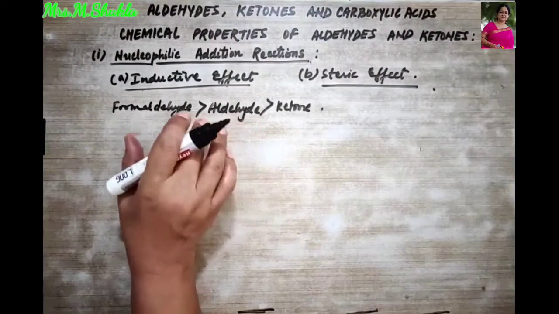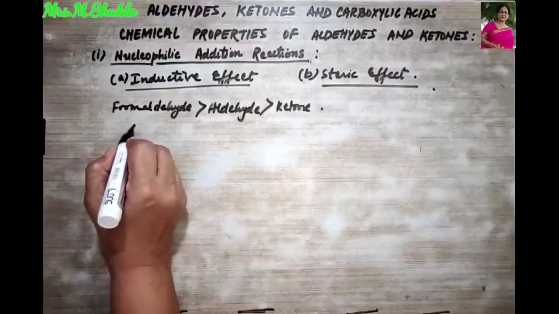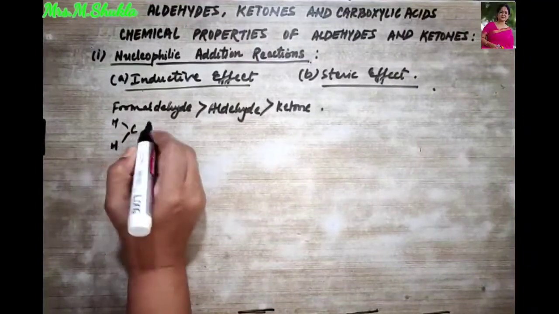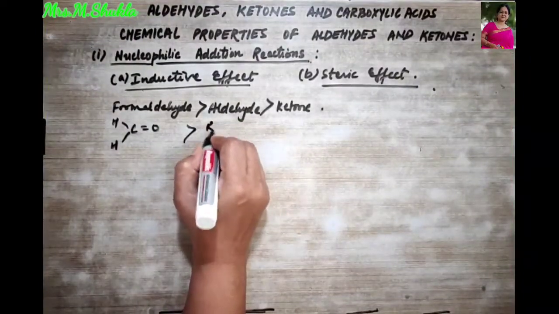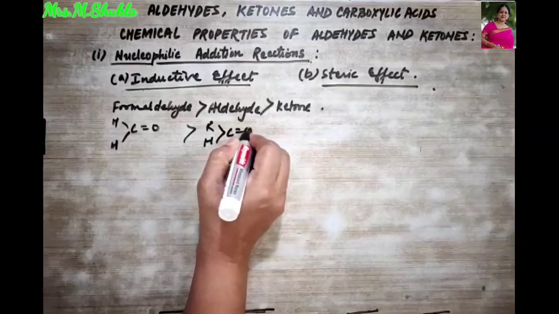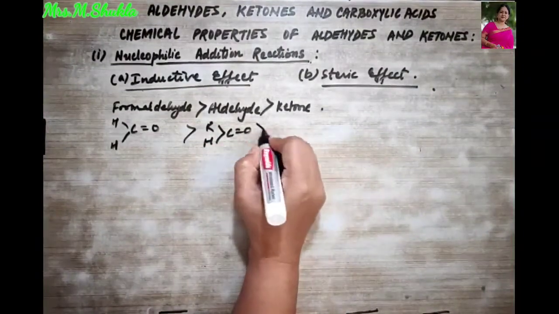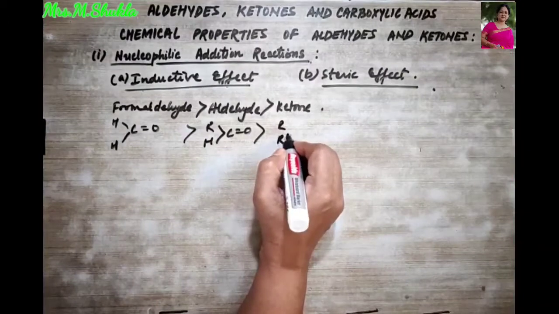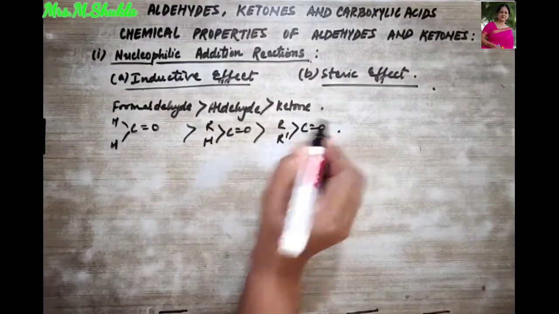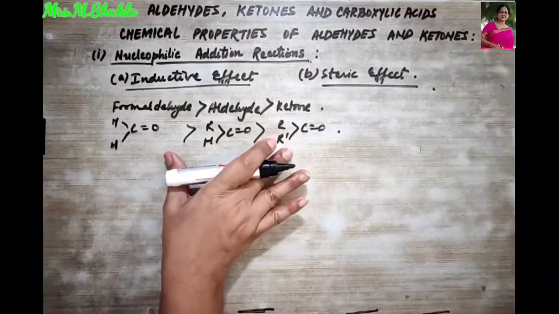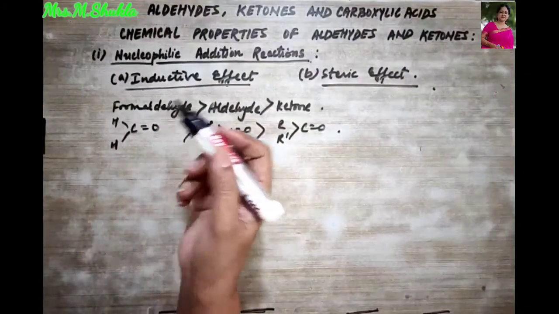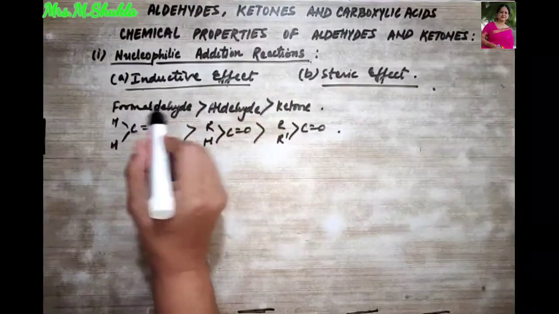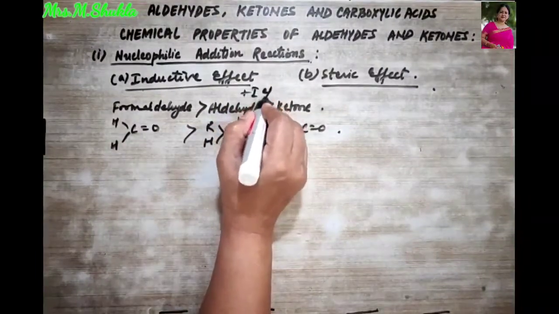What did I say? Now what is formaldehyde? Formaldehyde is this, right? Aldehyde will be RH double bond O. And what is ketone? Ketone is R R' double bond O. Now try to understand. What did I say? That an alkyl group has electron donating nature due to the plus I effect.